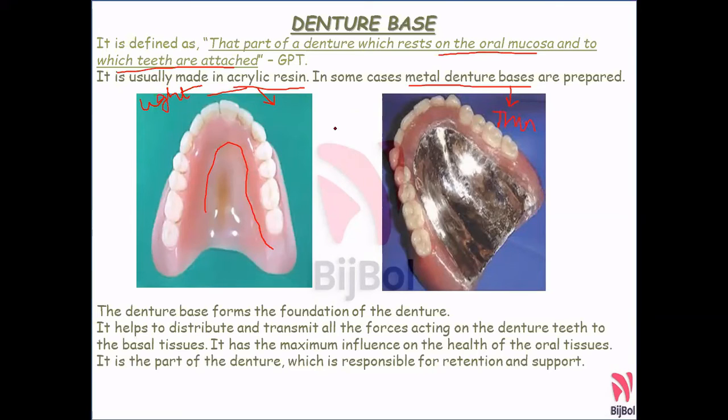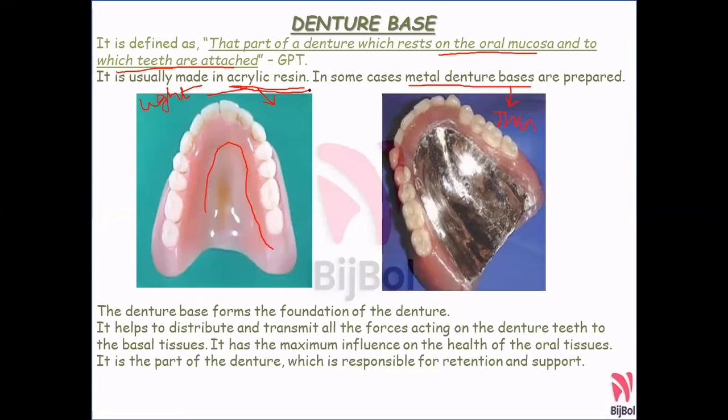The same thing we cannot do with acrylic resin, because if acrylic resin is made thin, it will have higher chances of breakage or fracture of the denture. So it has to have a certain amount of thickness, which will irritate the oral tissues and give the patient a feeling that something is kept in his mouth.